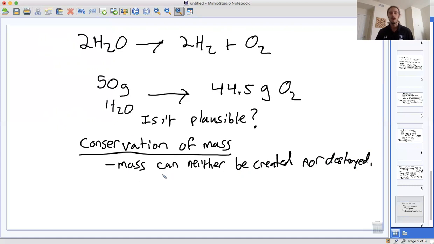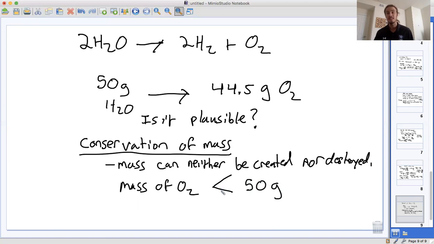Well, what does this mean? This means that the mass of O2, is there a limit on what it could be? Well, we start off with 50 grams of water. So the total mass of whatever the products are can't be larger than 50. My mass of oxygen has to be less than 50 grams.